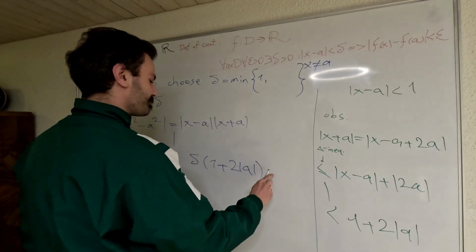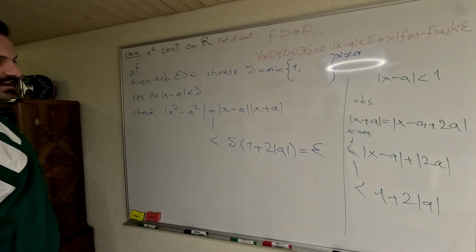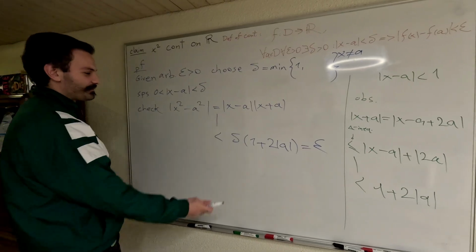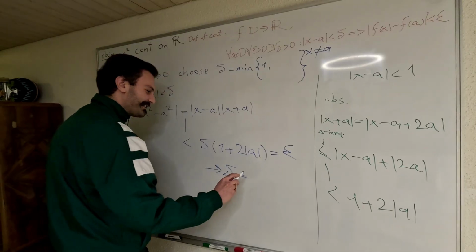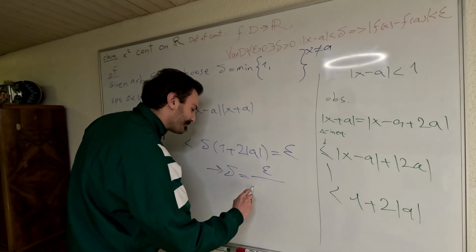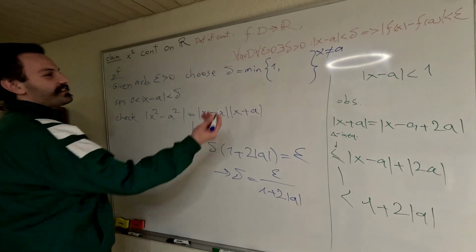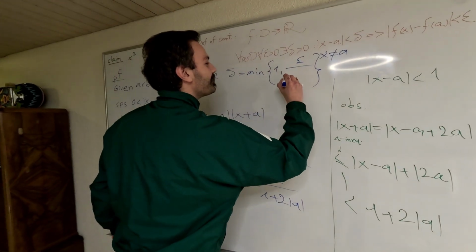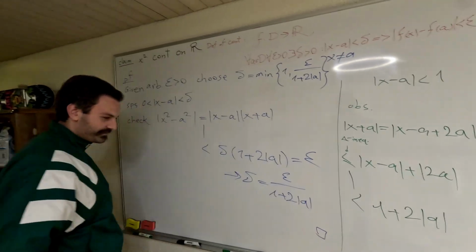And that should give me the epsilon. And we're almost done. We have to calculate delta right now, and that is delta equal to epsilon over 1 plus 2 times the absolute value of a. And we make some square and finish.